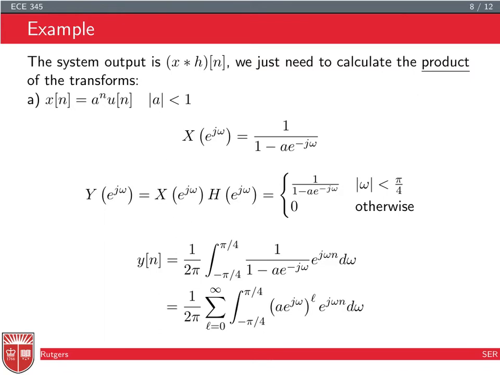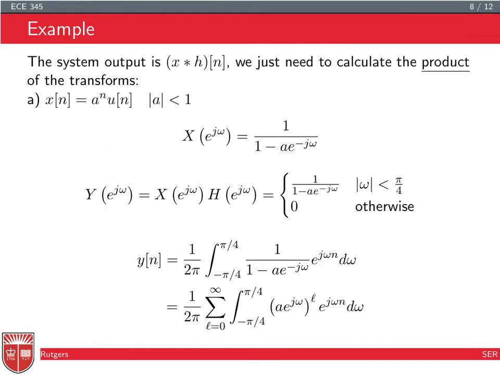And the formula is 1 over 2π, the integral from minus π to plus π, but here Y of e^{jω} is 0 outside, so all I have to do is integrate between negative π/4 and plus π/4, 1 over 1 minus a e^{-jω}, e^{jωn} dω. We've done something very similar before, so I'm going to repeat how to do this integral, and the trick is to replace this term here by a sum, because the magnitude of a is less than 1.